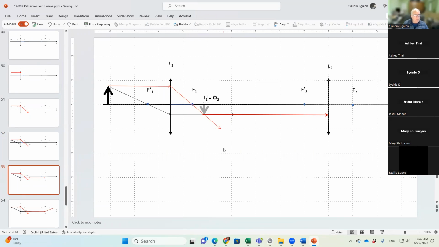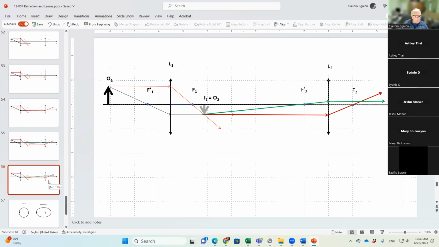Okay. Well, now it's object of two as well. Light ray parallel to the axis, right? Converge towards the focal point. Light ray passing through the image of the focal point of two, and refracts parallel to the axis.